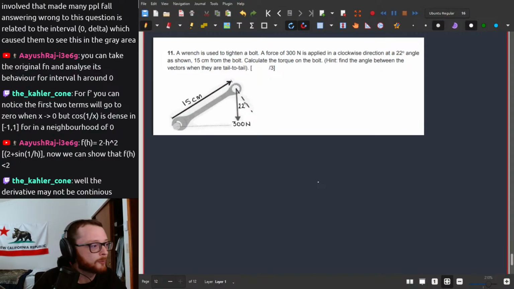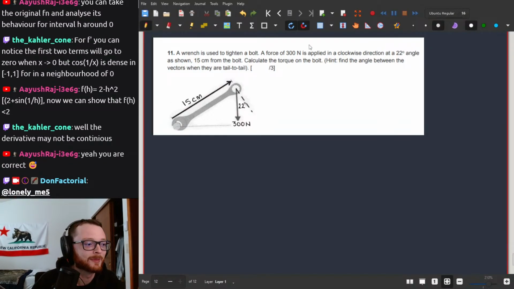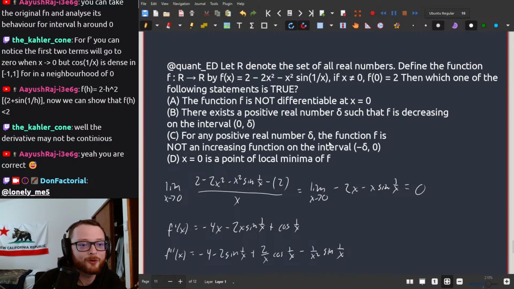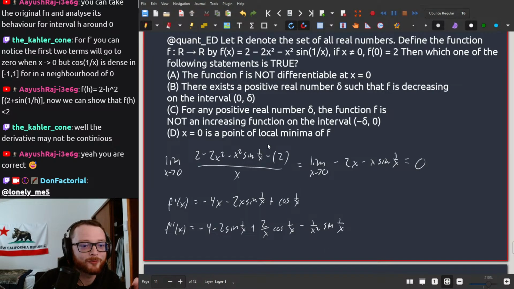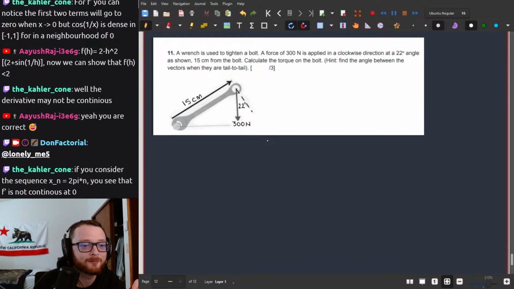I'm going to type Lonely Me's name in chat. Yeah, I started working on it because I thought I could actually do it, but the more I thought about it, the more I realized they were just trying to challenge me for no reason, and I don't like it when people do that.